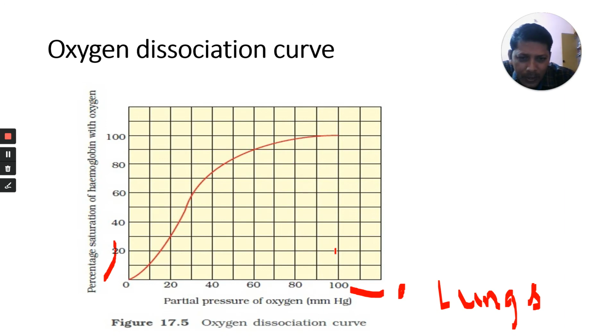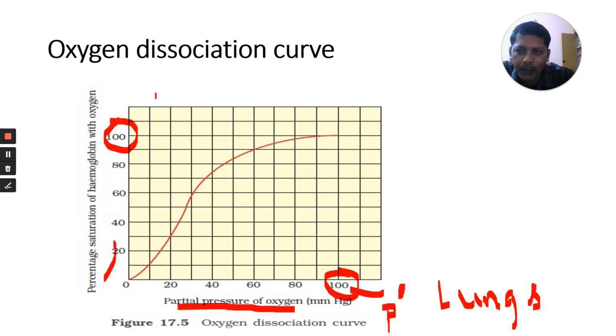What does this x-axis denote? Partial pressure of oxygen, PO2. When the PO2 is 100, the saturation of hemoglobin is around 97%. All hemoglobin is bound with 4 oxygen each.